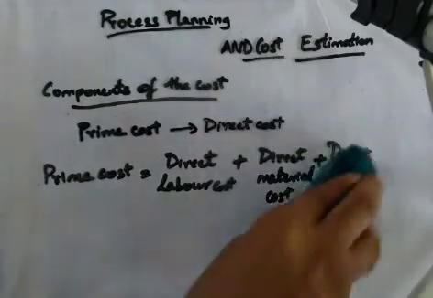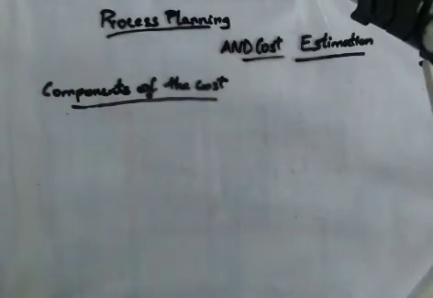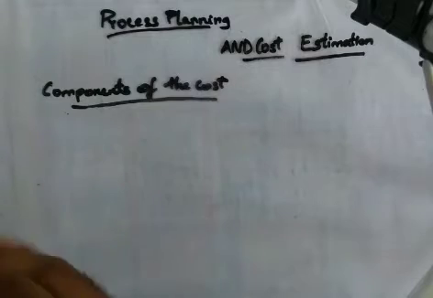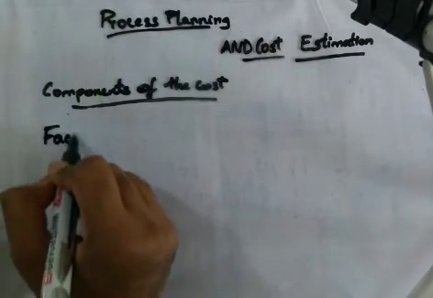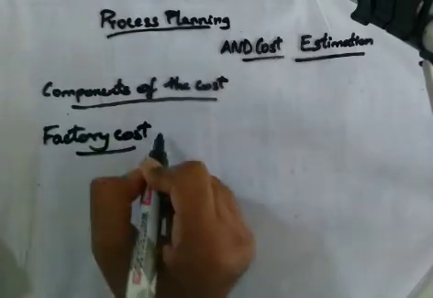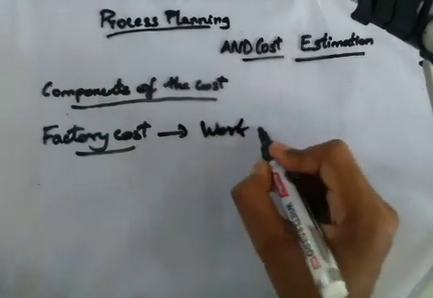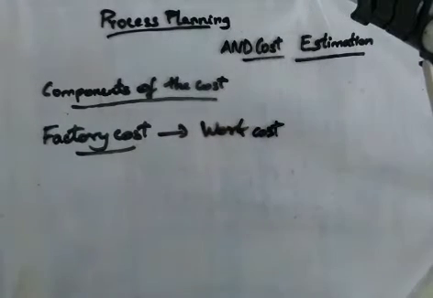Now the second terminology, that is the factory cost. The factory cost is also called the work cost. The factory cost is the second step in the calculation of selling price.